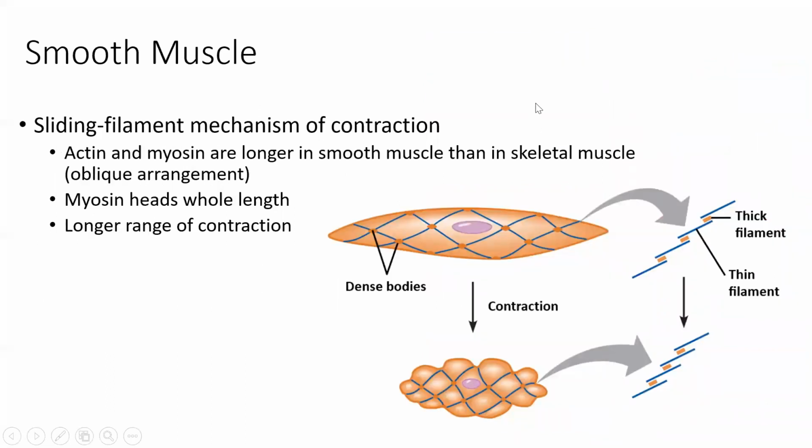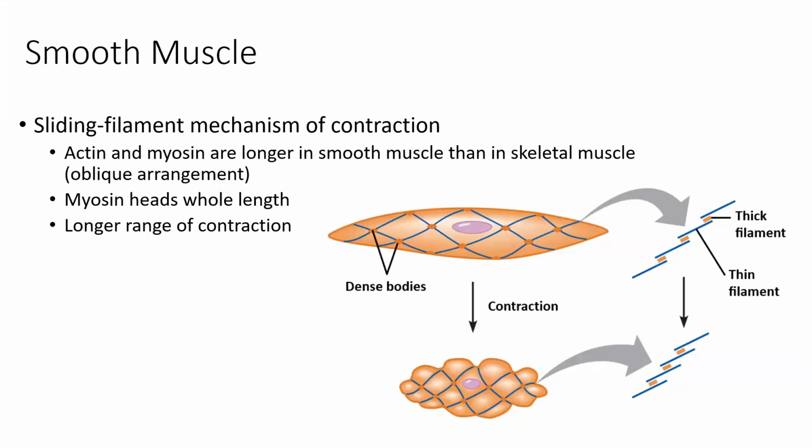Okay, so the sliding filament mechanism still exists here with smooth muscle, but it's a little bit different. The actin and myosin filaments are longer. In smooth muscle, they're arranged obliquely, so kind of slanted, as we can see here in this illustration. And then the myosin heads are longer, so are the actin filaments.